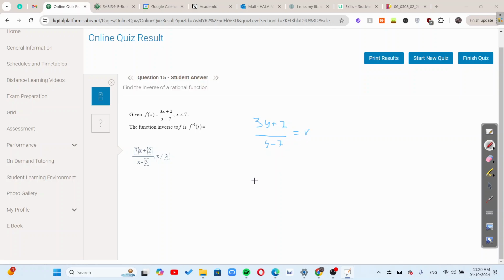So cross multiply: x, y minus 7x equals 3y plus 2.